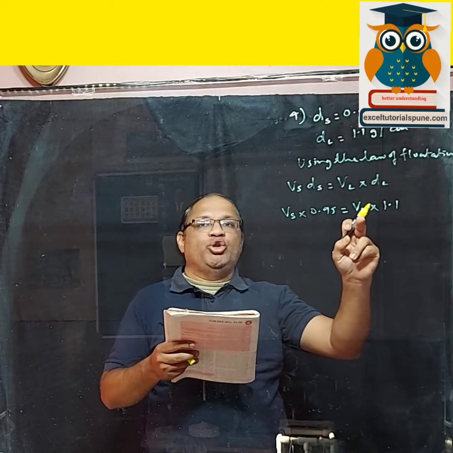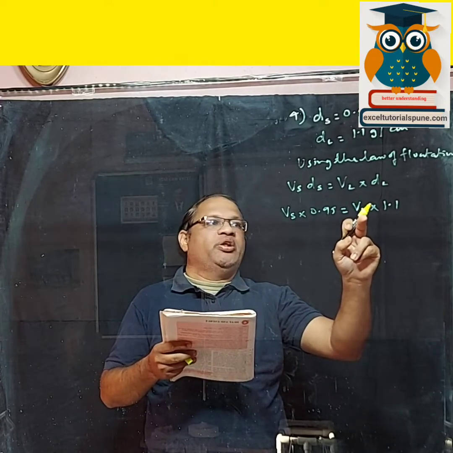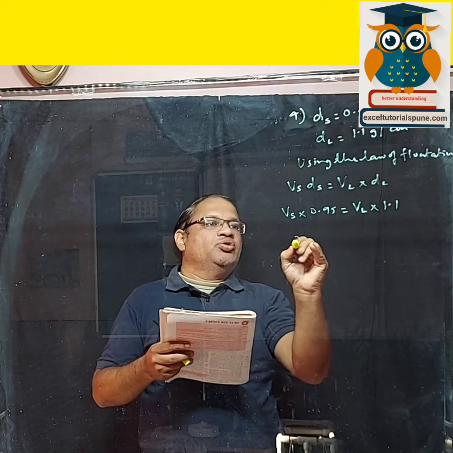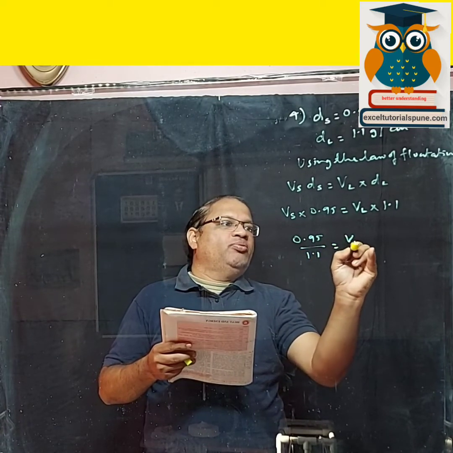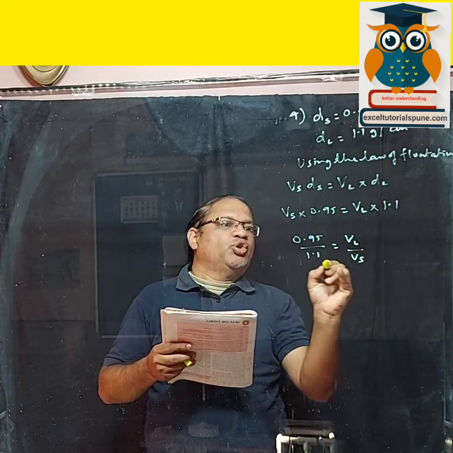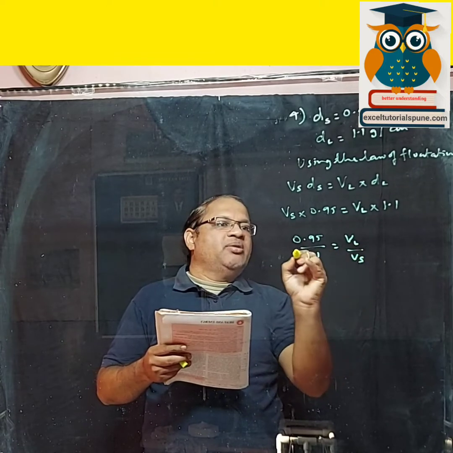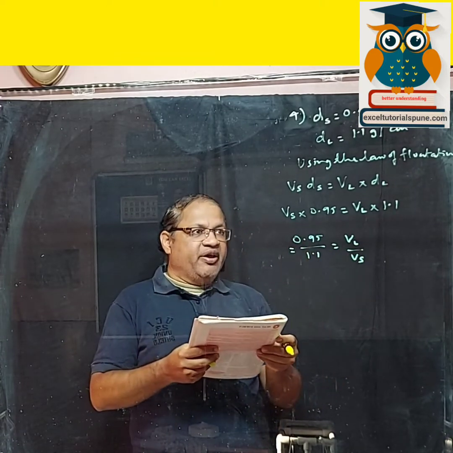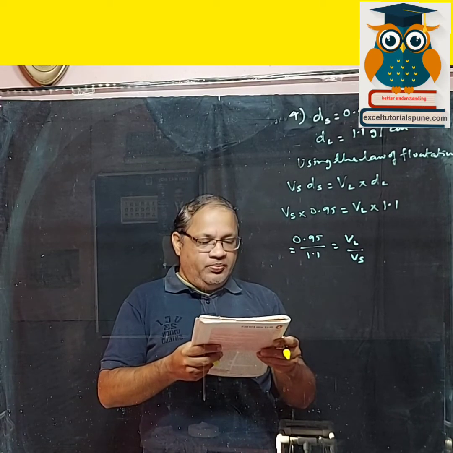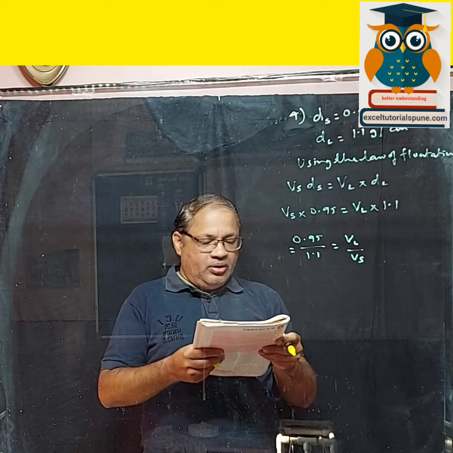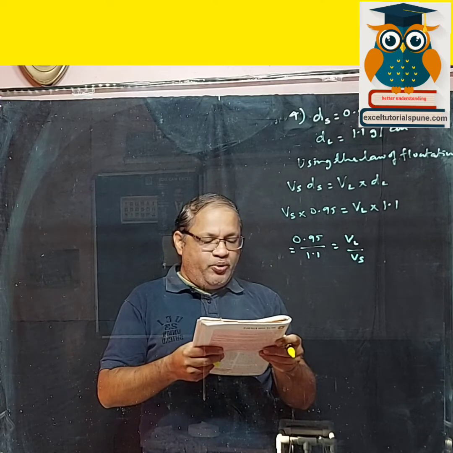Volume immersed means volume of liquid they want, the ratio. So 0.95 upon 1.1 is equal to volume of liquid upon volume of solid. So that comes to 0.95 divided by 1.1. It comes to 0.86.